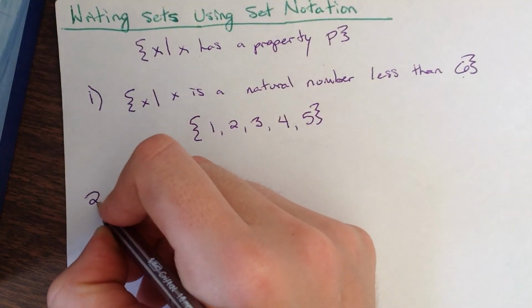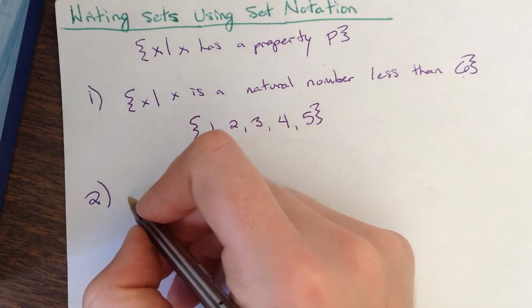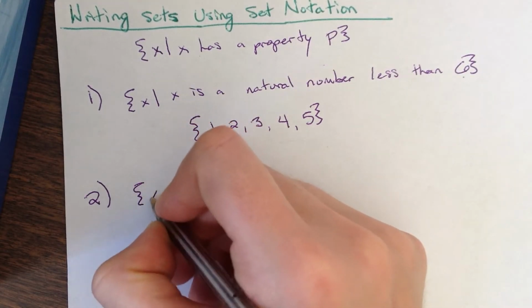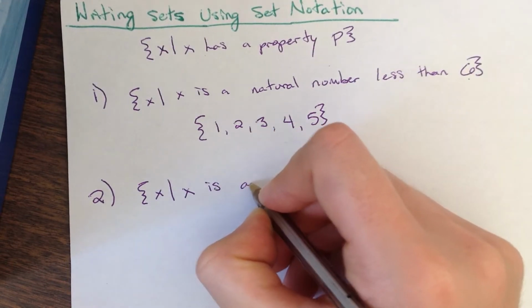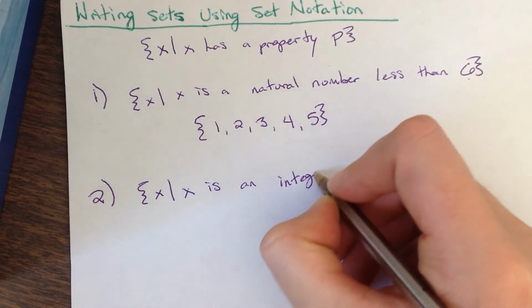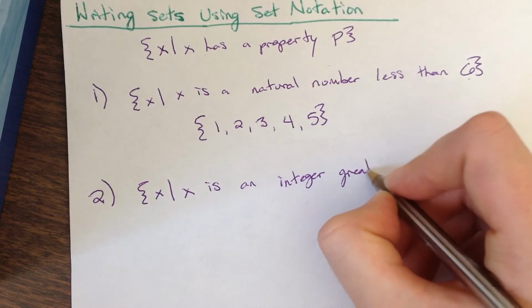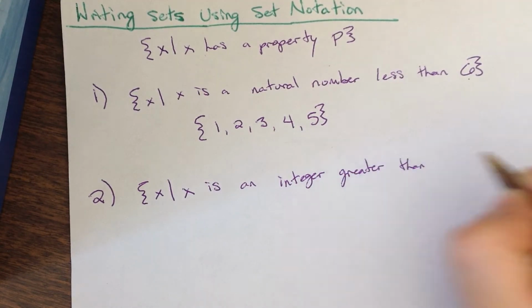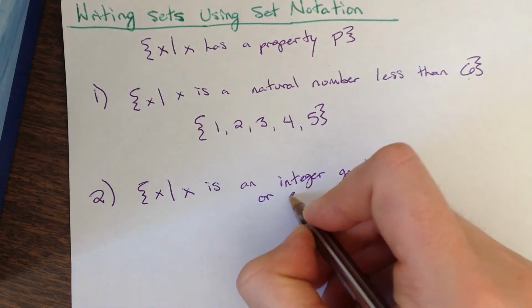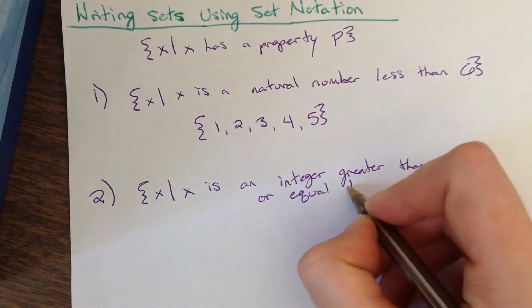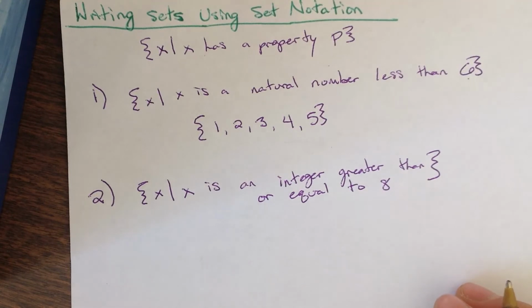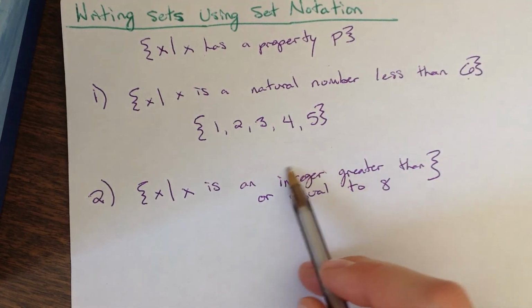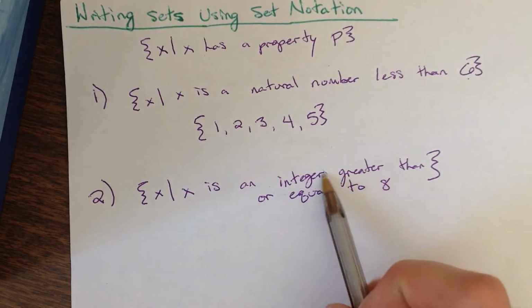So for example, say that we were asked to list the set x such that x is an integer greater than or equal to 8. Well, if we're looking at this, integers, whole numbers can be positive, negative, can be 0.